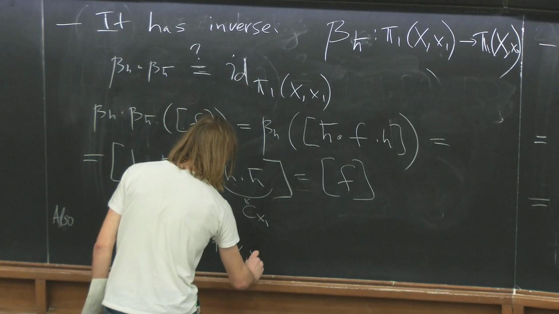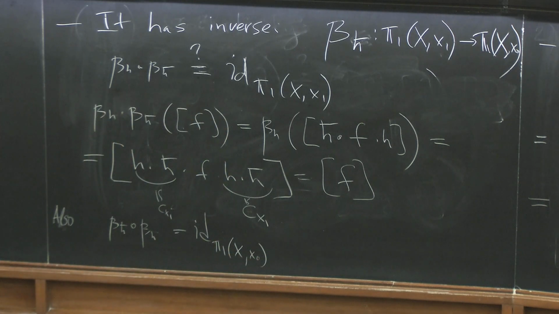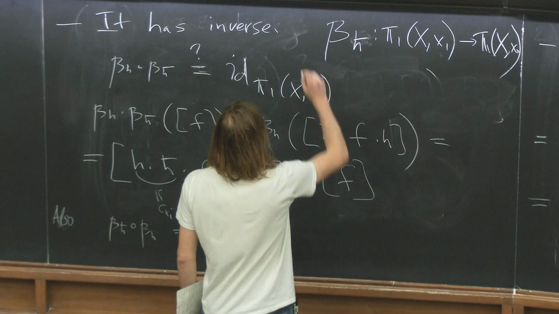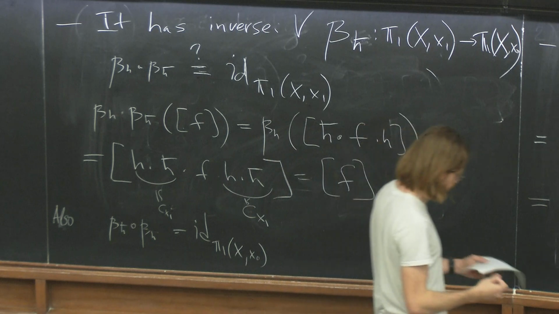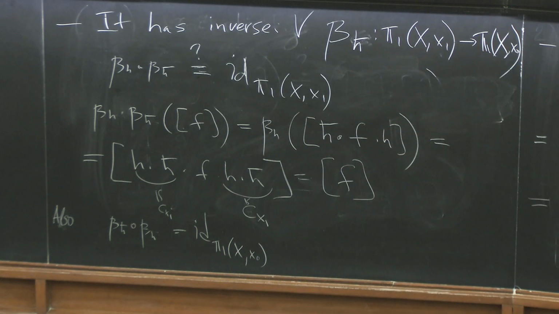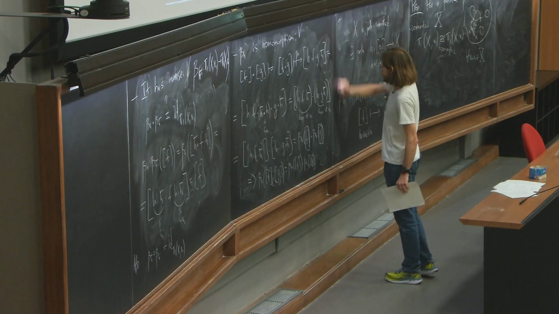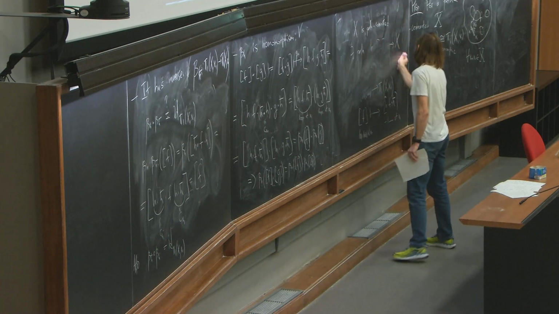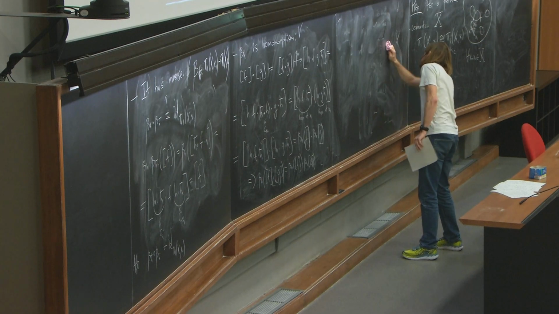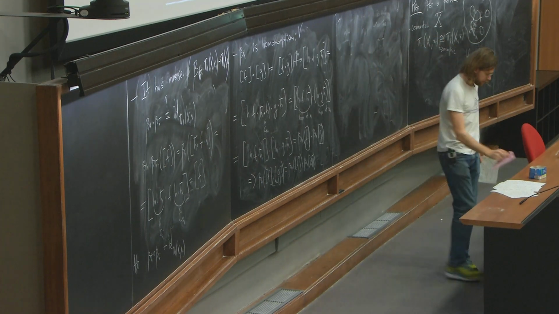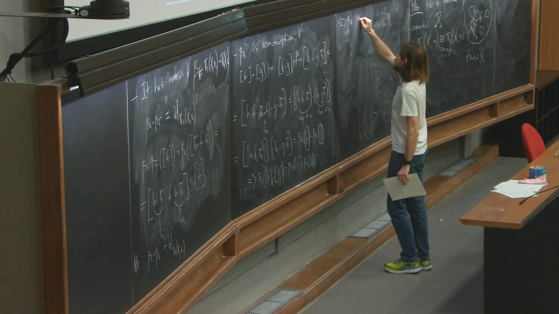Pi1 defined for base point x0. Okay, so it has both left and right inverse, and since a homomorphism which is a bijection is necessarily an isomorphism, it follows that beta h is an isomorphism.